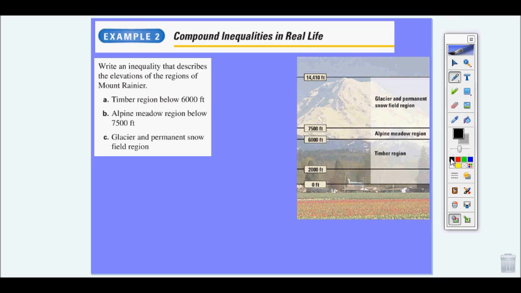Now, it can be at 2,000 feet to be part of the timber region. So I'm going to go ahead and write 2,000. The area we're talking about is going to be greater than 2,000 or equal to it. But once you get to 6,000, 6,000 is the cutoff to start the alpine region. So I'm going to say this then has to be less than 6,000.